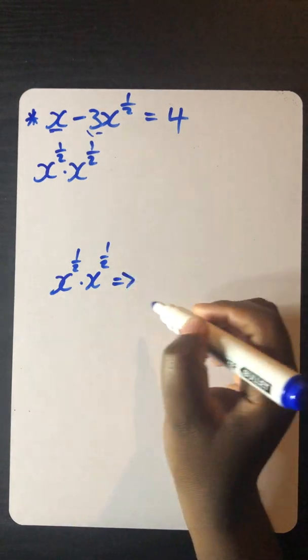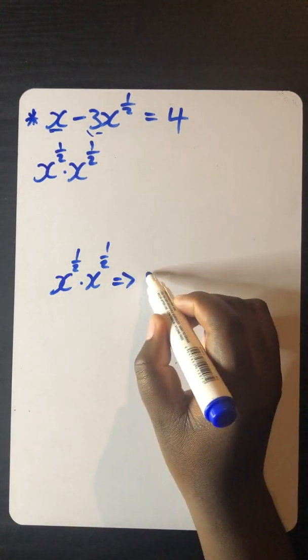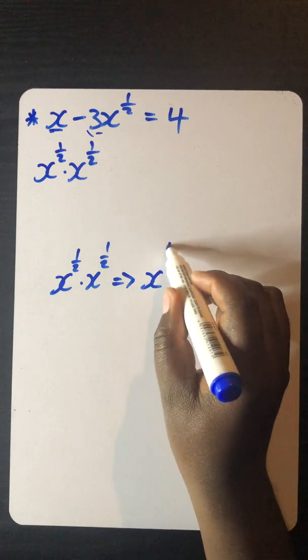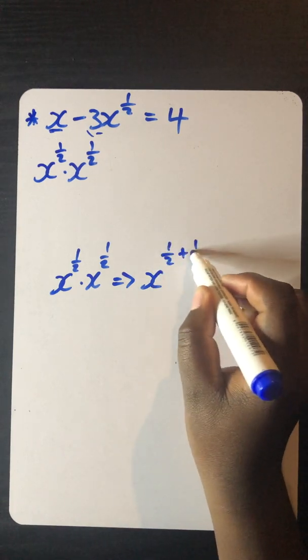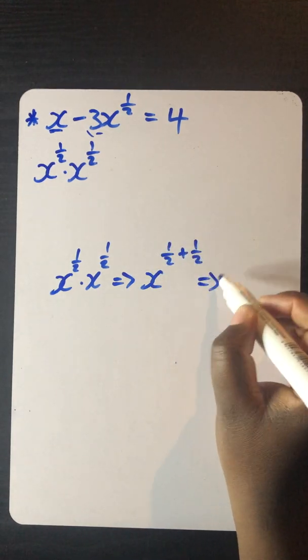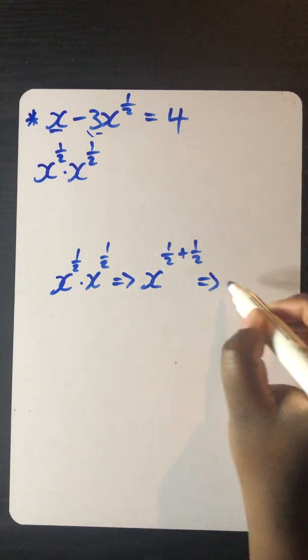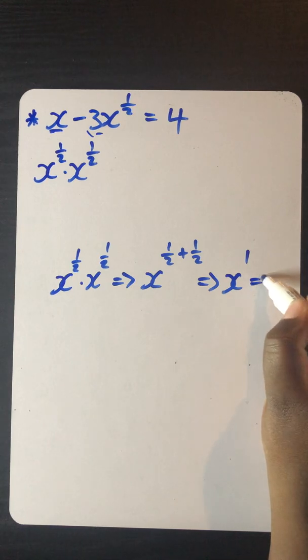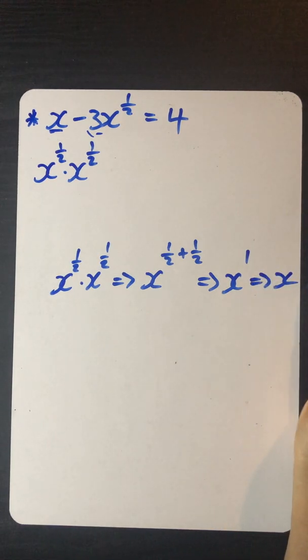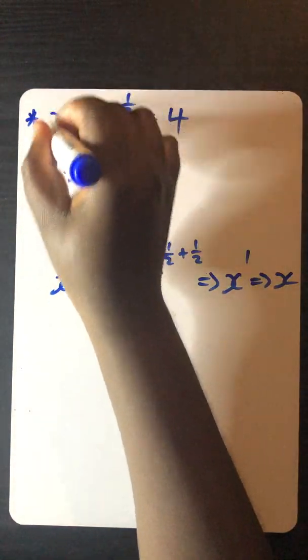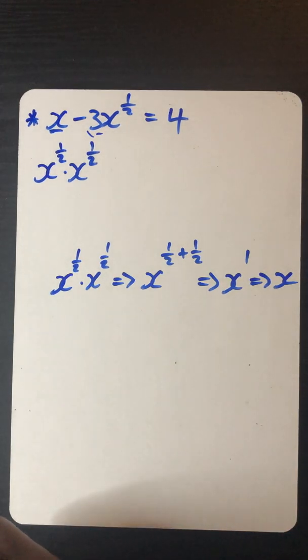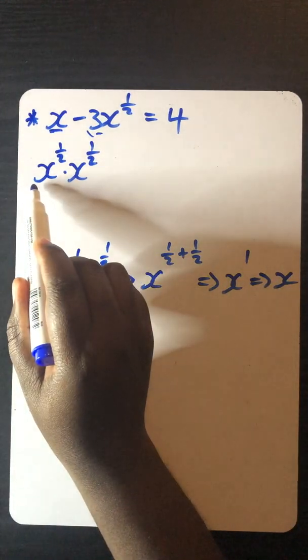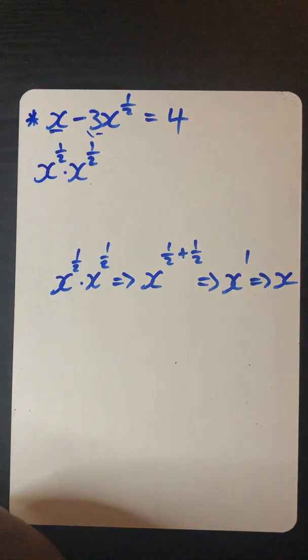Remember, since the bases are the same, you add the exponents. So what is half plus half? Half plus half is equal to 1. Can you see? Which is the same as x, which is that x from the original equation. So that means I'm correct, ladies and gentlemen, in doing this.